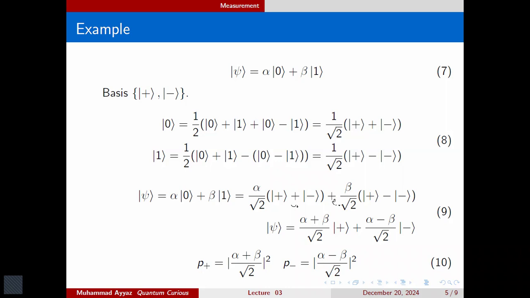So the probability associated with the outcome plus is alpha plus beta over square root 2, the whole mod square, and the probability associated with the outcome minus is alpha minus beta over square root 2, the whole mod square. So that's how we can calculate any arbitrary state in the computational basis in the Hadamard basis. And we can generalize this idea to any arbitrary states and any arbitrary measurement basis.